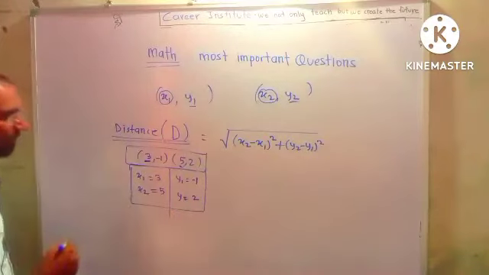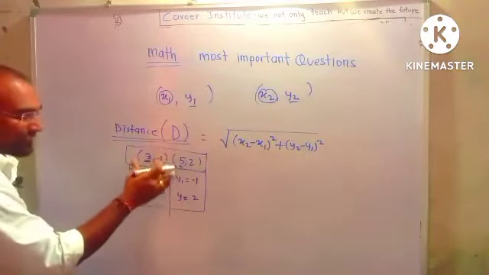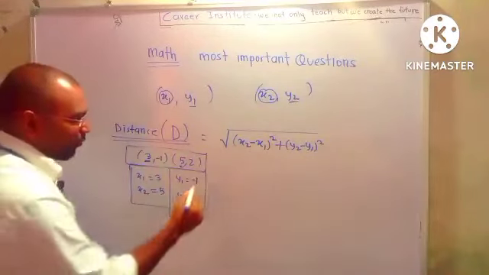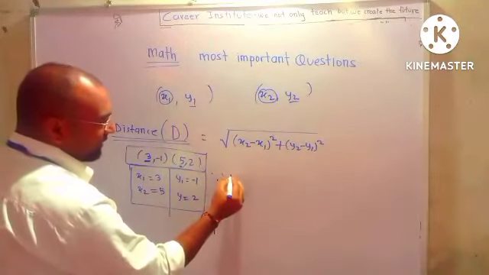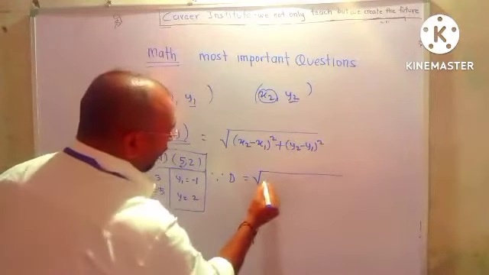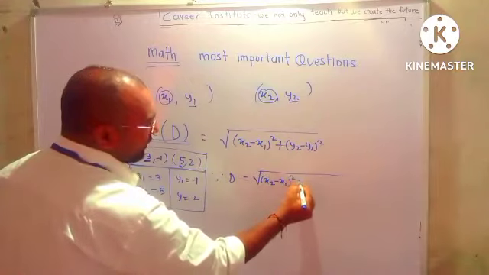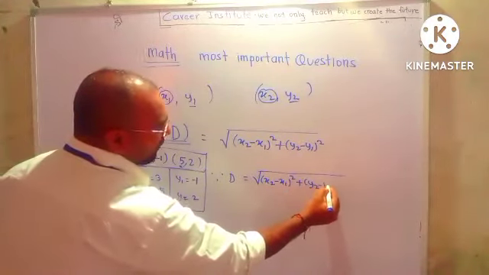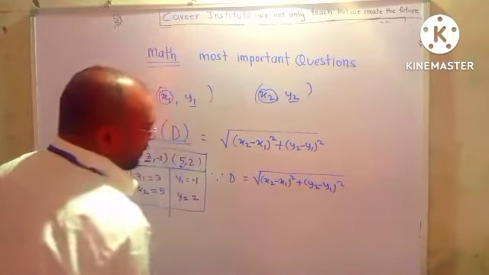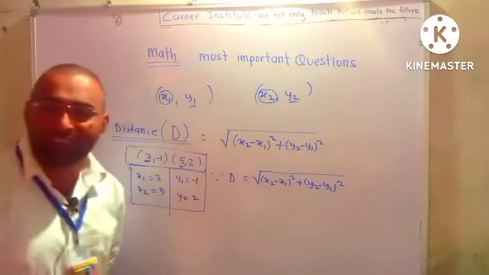Now what we have to find out? The distance between these 2 points. We know that the distance between 2 points is root of x2 minus x1 whole square plus y2 minus y1 whole square. Whenever we write the formula, what should be the next step?